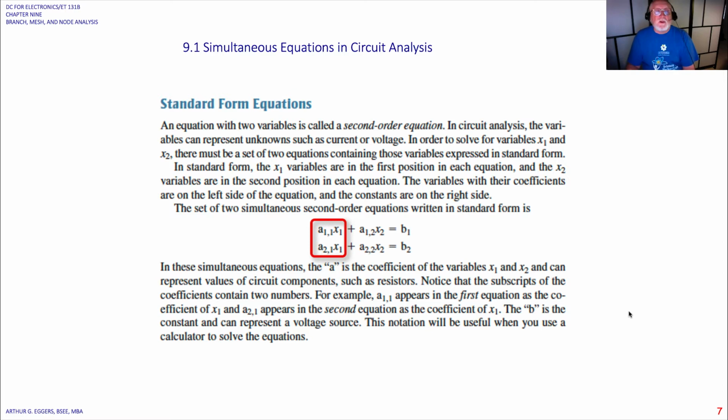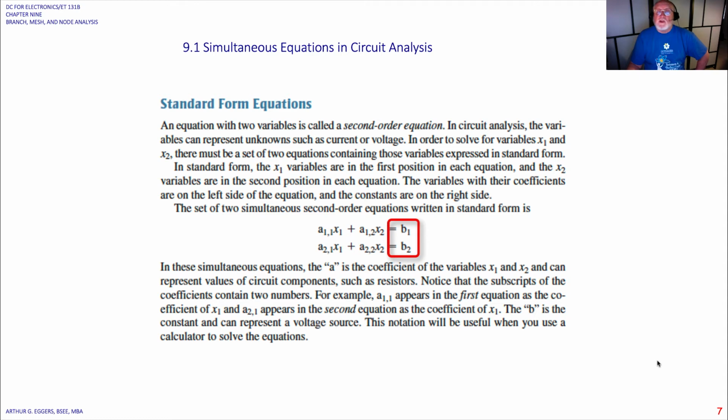Notice that the subscripts of the coefficients contain two numbers. For example, A11 appears in the first equation as the coefficient of x1, and A21 appears in the second equation as the coefficient of x1. The B is the constant and can represent a source value.